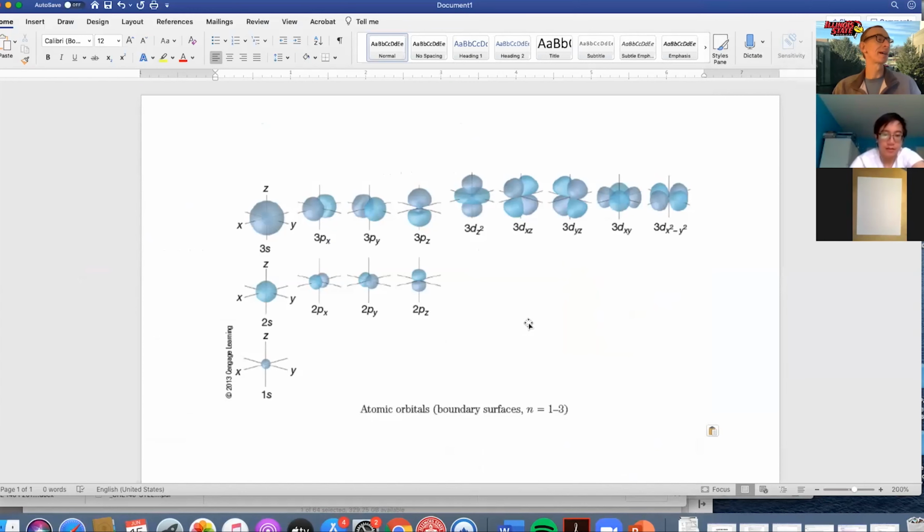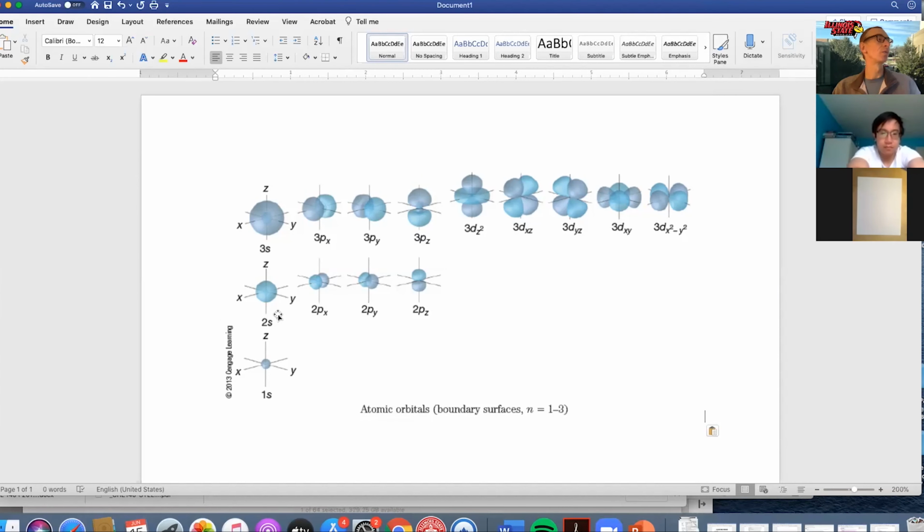Okay, so I'm going to start by showing some images that are in the textbook. Let me share my screen here again. In the textbook, it shows pictures of the locations where electrons are found. The first location is called the 1s, and it looks like a little sphere, a small location in the very center of the atom.